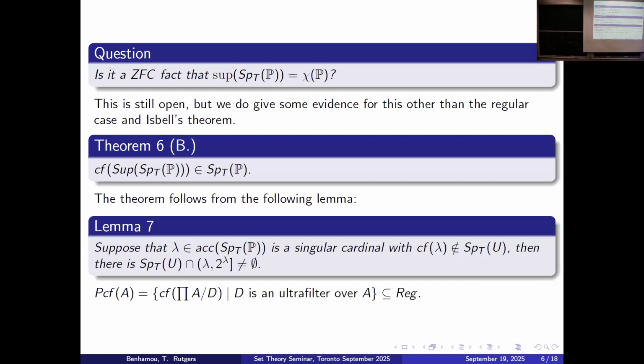Sorry? It should be P. U is an ultrafilter, because I think about ultrafilter, but it should be P. So moreover, I think the correct thing to say is that Isbell's theorem is false somehow, because it's going to be a strong limit.